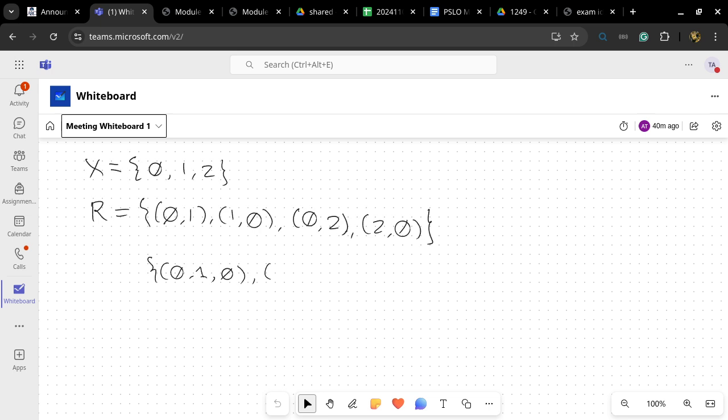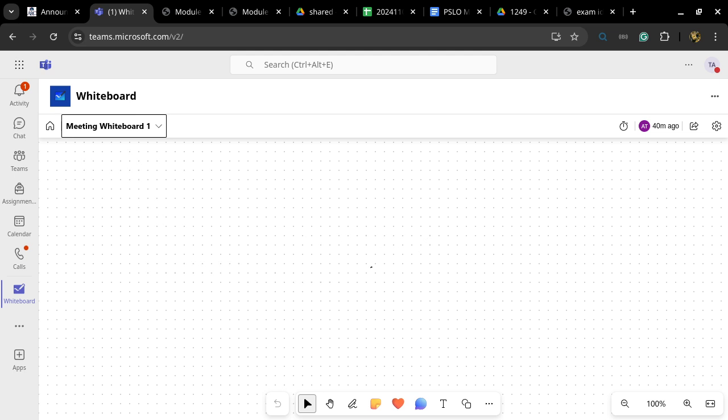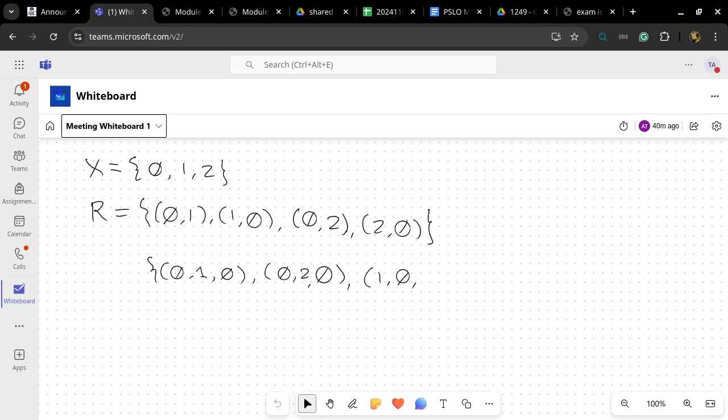But we can also use (0, 2, 0) as a counterexample, because (0, 2) is here, but (2, 0) is not here. So (0, 2, 0) is a different 3-tuple to say that (0, 0) is supposed to be here in order to be transitive, but it's missing. And obviously there are also the other ones, (1, 0, 1) and (2, 0, 2).